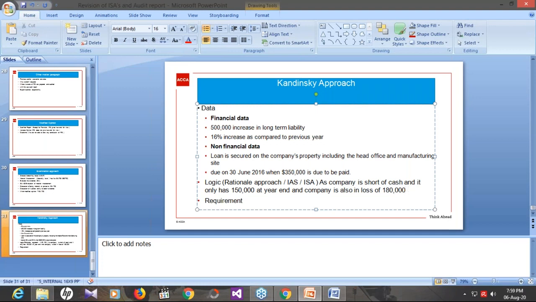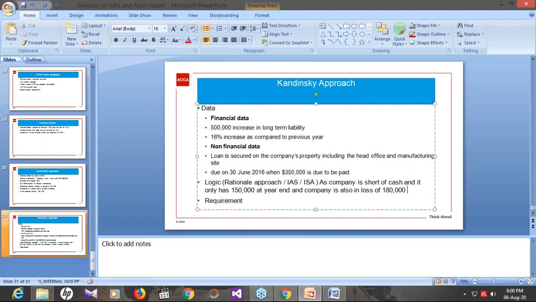So this is the logic, that the company has to pay 350,000 and the property of the company is secured with the bank, and if the company defaults, meaning it is not able to pay the debt in time, the bank has a right to seize the company's property, which includes the head office and the manufacturing site as well. So if this happens, Kandinsky would be left without any operational site or production facility.